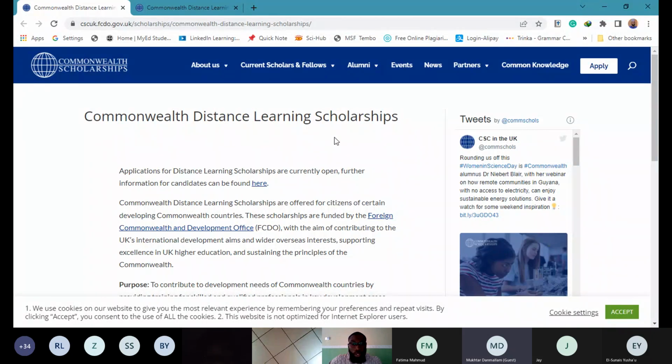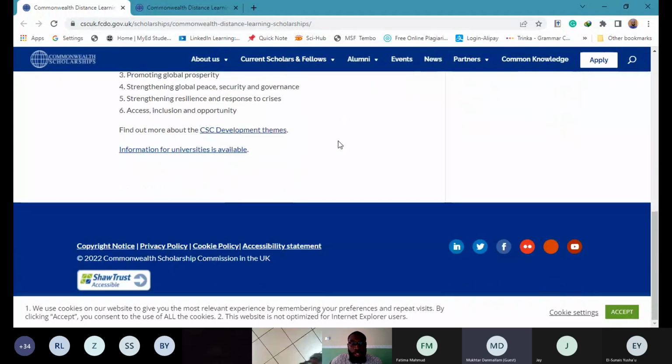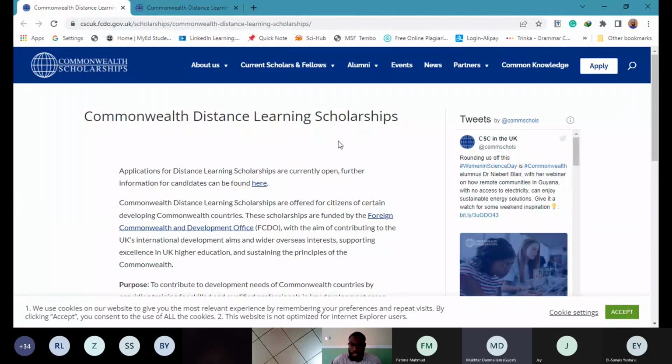Yes. Okay. This is the page of the Commonwealth Scholarship, which talks about how it's open and everything. Normally the Commonwealth Scholarships distance learning opens between February and March every year.